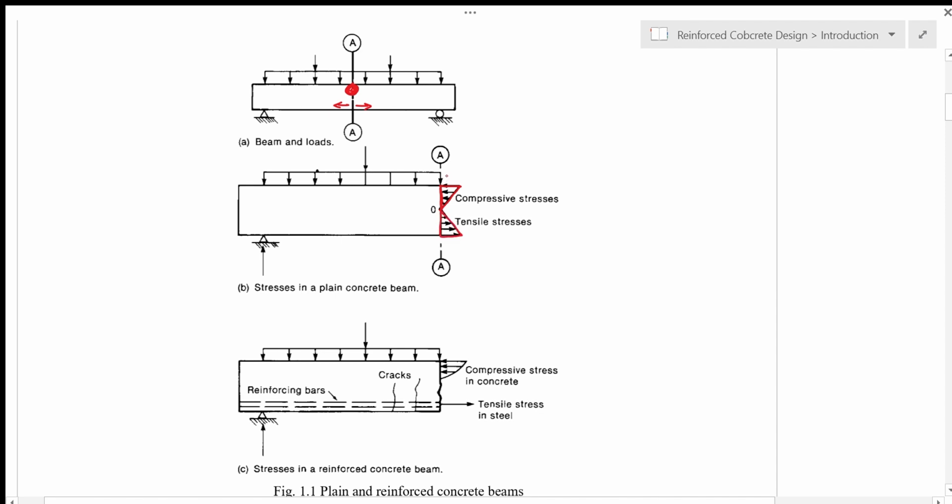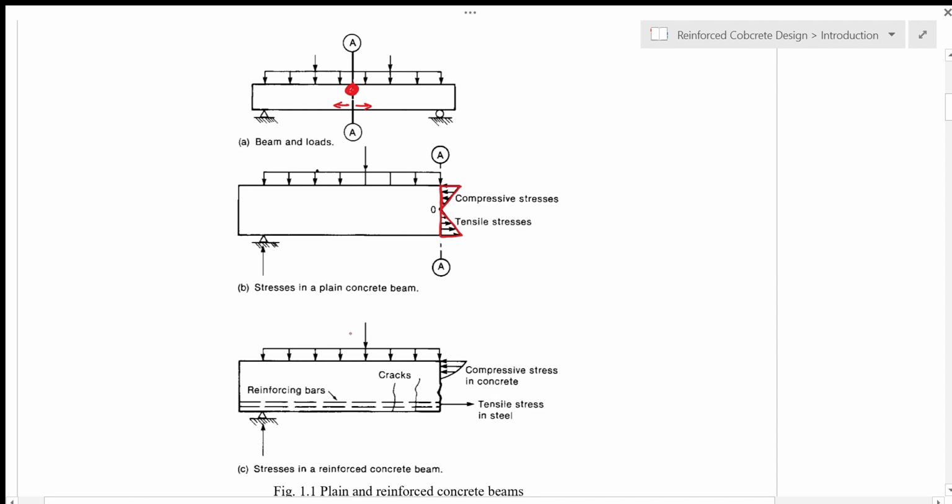We know that concrete is very strong in compression, so this compression part is okay for this beam, but the beam tends to crack under tensile stress because the concrete here cannot withstand very high tensile stress. Therefore, we add in reinforcement to help the concrete carry the tensile stress.